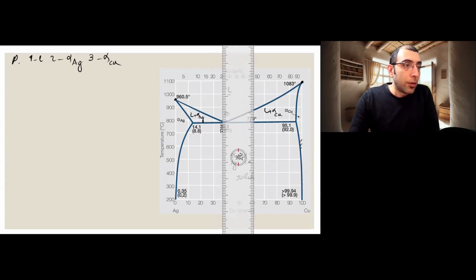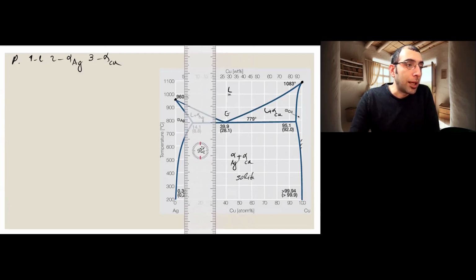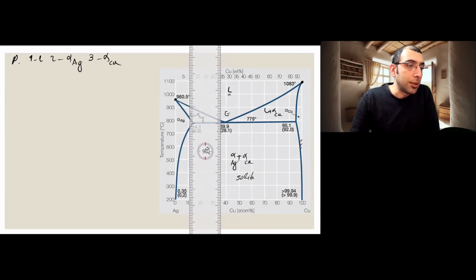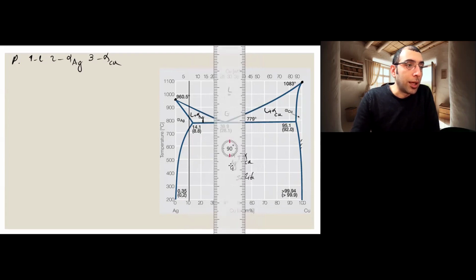So for this practice, let's begin with picking an alloy, let's say at 10%. And we start, as I said, at a high temperature, and we cool it down like that. So one alloy at 10%. Let's go for an alloy at 30%.